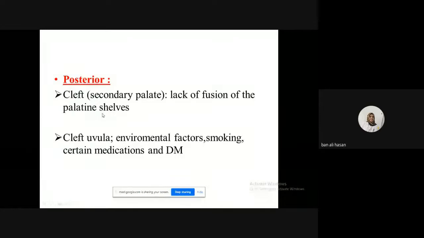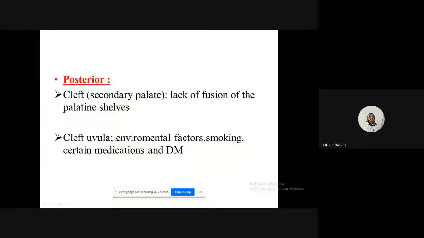The lack of this fusion happens due to environmental factors, like the mother being a smoker or taking certain medications, and also diabetes mellitus patients may have this case in their fetus.